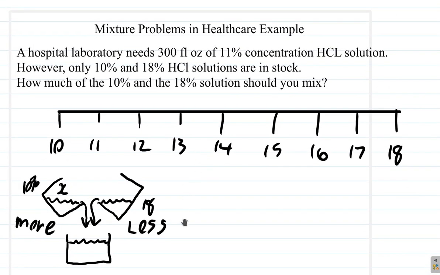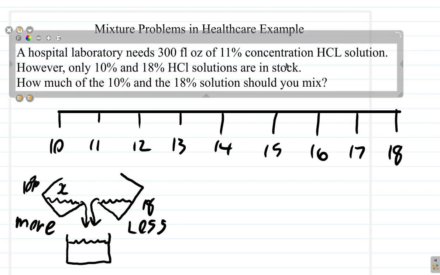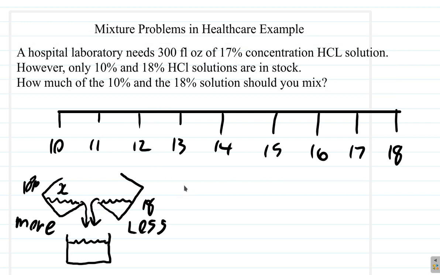Now, let's make an adjustment. Suppose now you say, what you need is 17% concentration. Alright, you switch it around now. What I'm looking at here is that to go to 17%, it will be much closer to the 18%. So you will not need a lot of the 18%.